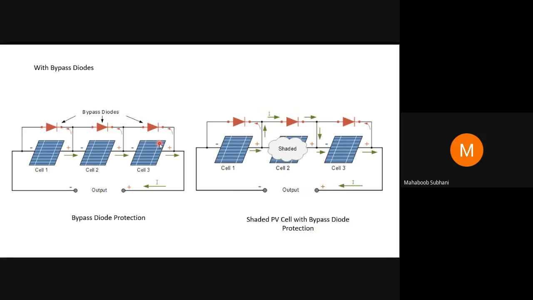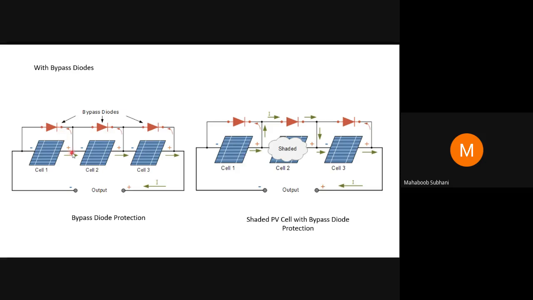Now in the series connection, once the solar ray hits the cell, it will generate power, right? Now the current flows in this panel in this direction. The green arrow mark shows the direction of current.